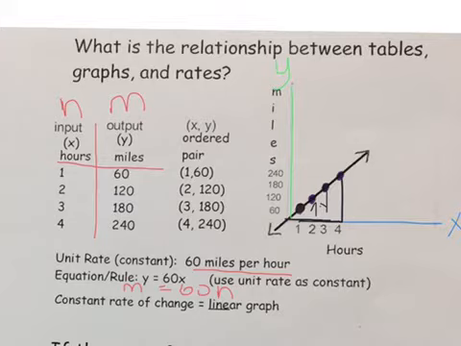Is this a constant rate of change? Yes. Whoops, need to make that smaller. So now we're asking ourselves, is this a constant rate of change? So this is a constant rate of change, yes. What you drew was a straight line, and it goes through the origin.